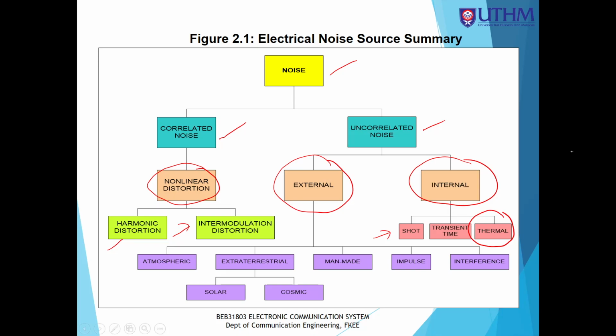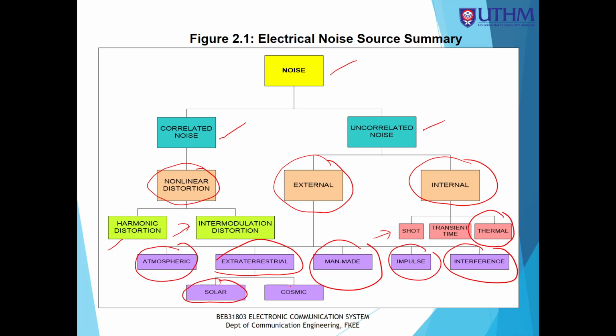And then for the external noise, the noise that happens outside the system, we have atmospheric noise, extraterrestrial noise, and also man-made noise, impulse noise, and also the interference. For the extraterrestrial, we have solar noise and also the cosmic noise. Okay, so I will explain all of this later.